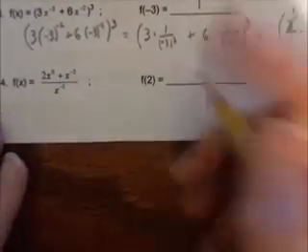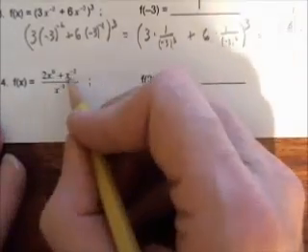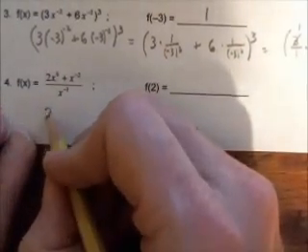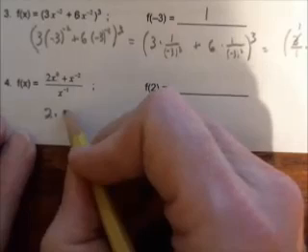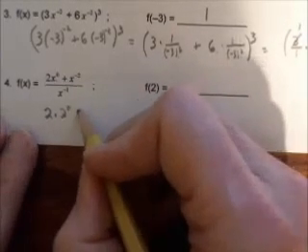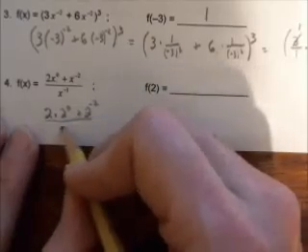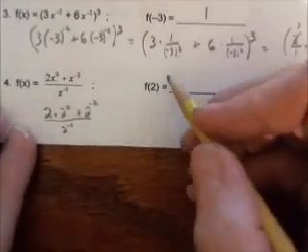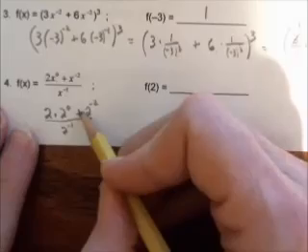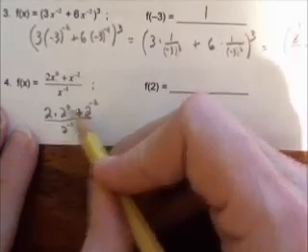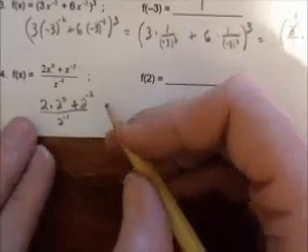And then the last example, I'm going to substitute a 2 in for all 3 of those x's. So I have 2 times 2 to the 0 plus 2 to the negative 2 all over 2 to the negative 1. Well, I have some terms here because of this plus sign. So this plus sign means that we can't reduce down like we usually do.